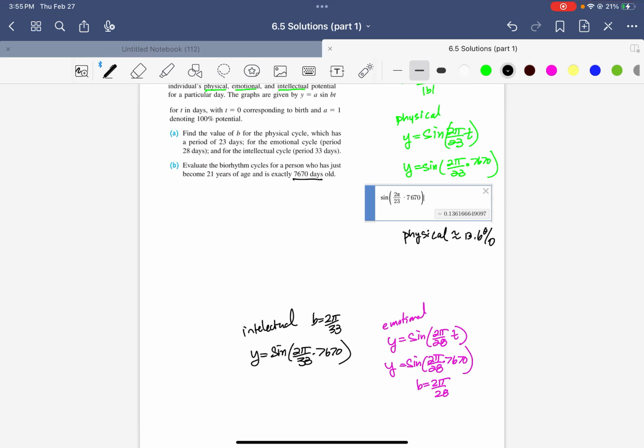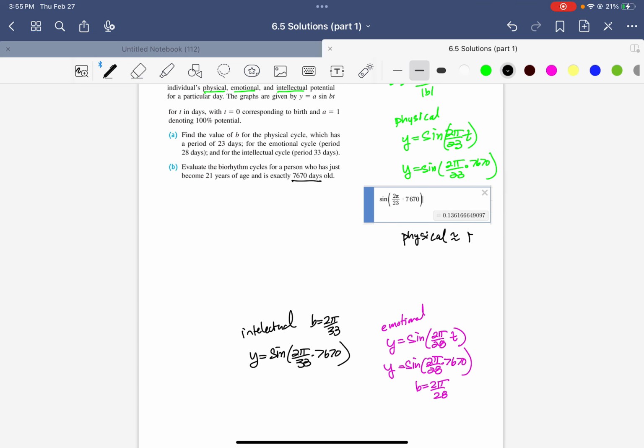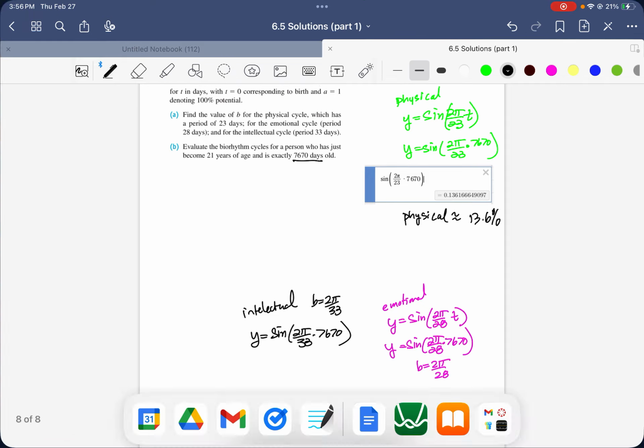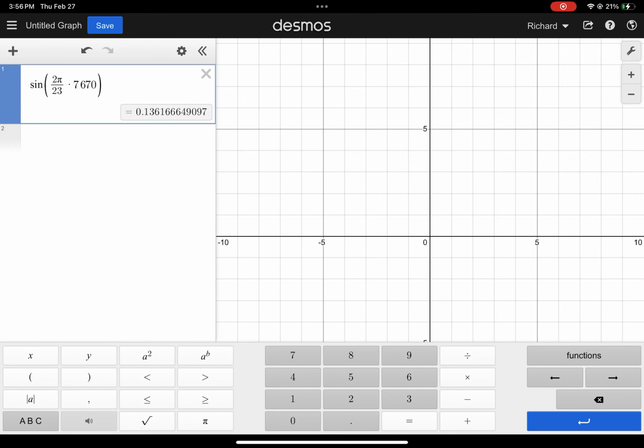Then we go to emotional, which is going to be over 28. Woo! We're actually negative 0.434. Negative 0.434.